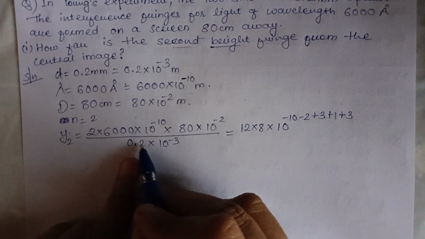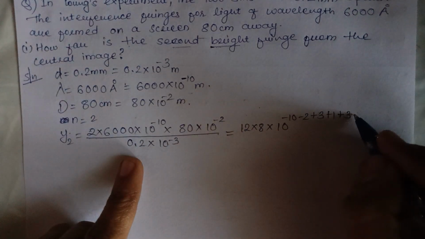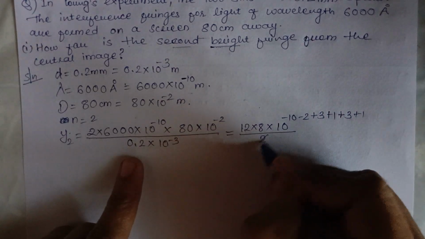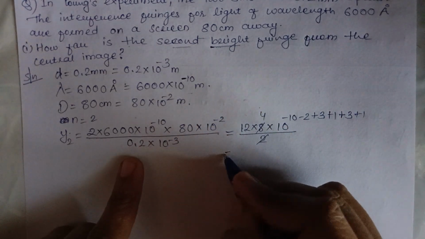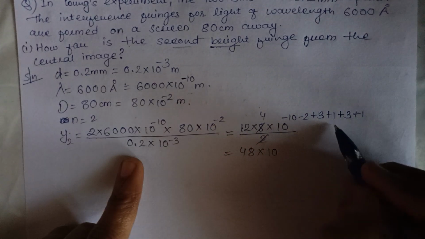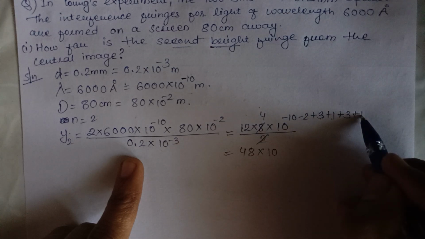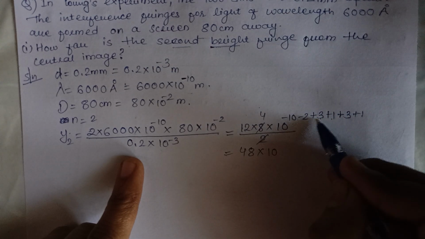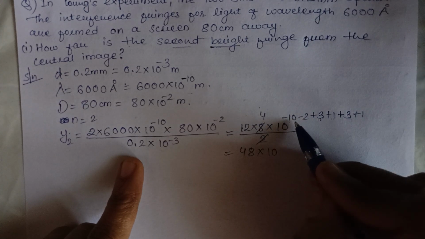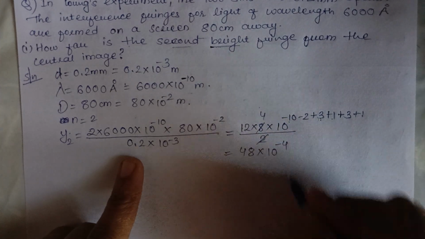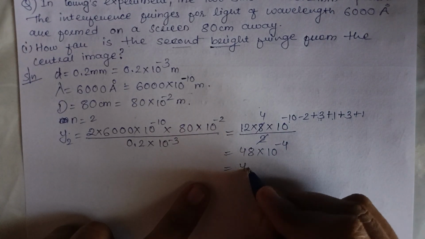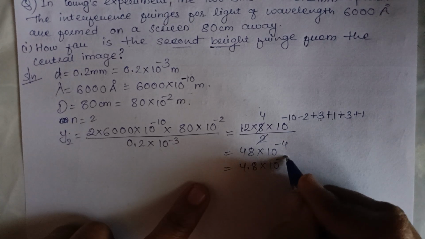Again this is also there, 2 upon 10, so plus 1. Okay. Eight. 10 minus 8 is minus 2. So this is minus 4. So we can take one point here. So this becomes 4.8 into 10 raised to minus 3 meter.